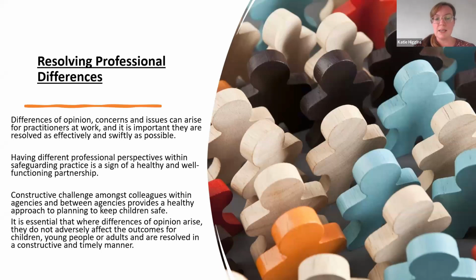Because it's absolutely essential that we don't focus on the conflict, and we keep that child or that family at the heart of what we're doing. And again, professional differences can be reduced by clarity about roles and responsibilities. So if you're able, in your professional employment, to spend time with other members of the MDT or other agencies to see exactly what they do and what their roles are, that can really help with child safeguarding.